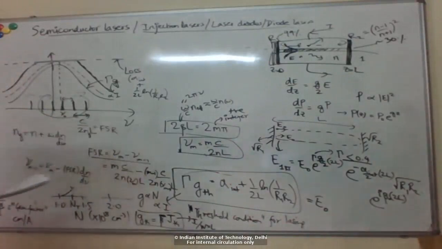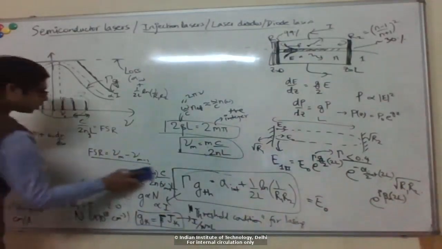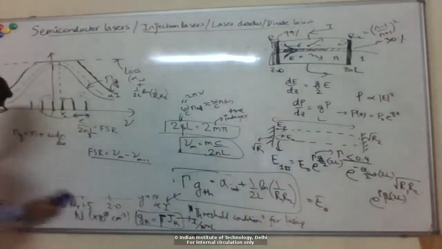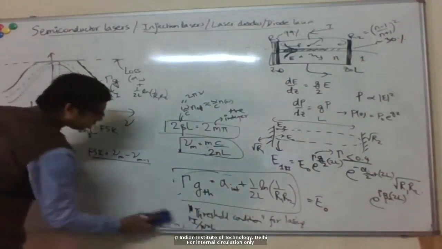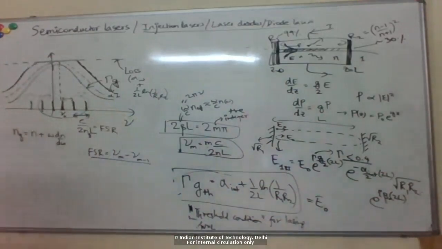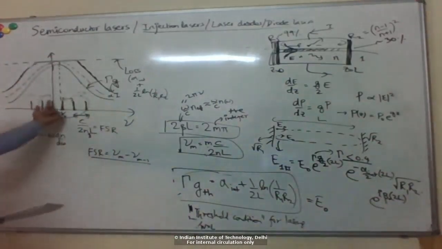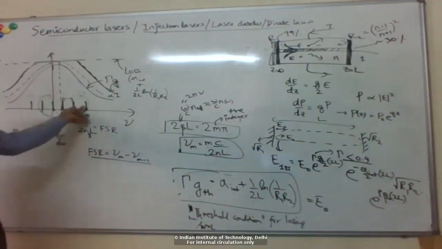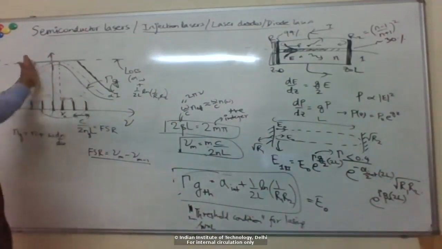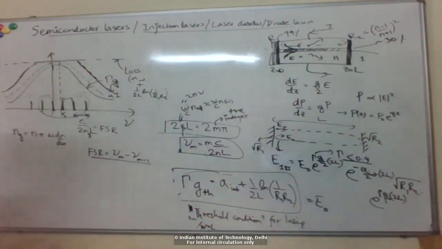Okay, so if I look at a typical laser cavity, how many frequency modes are coming from a laser depends on this free spectral range in comparison to the gain band.